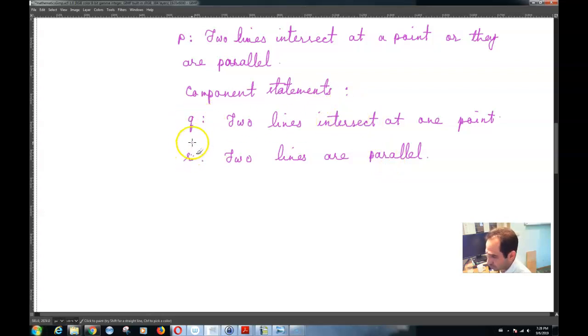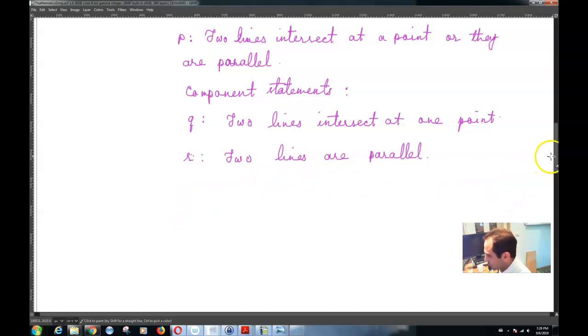Therefore, in any case, one of the components is going to be true. Either Q is going to be true or R is going to be true. If Q is true, then R is false, so Q is true. If R is true, then Q is going to be false, and R is still true. So at any rate, either Q or R is going to be true, so the compound statement is going to be true.